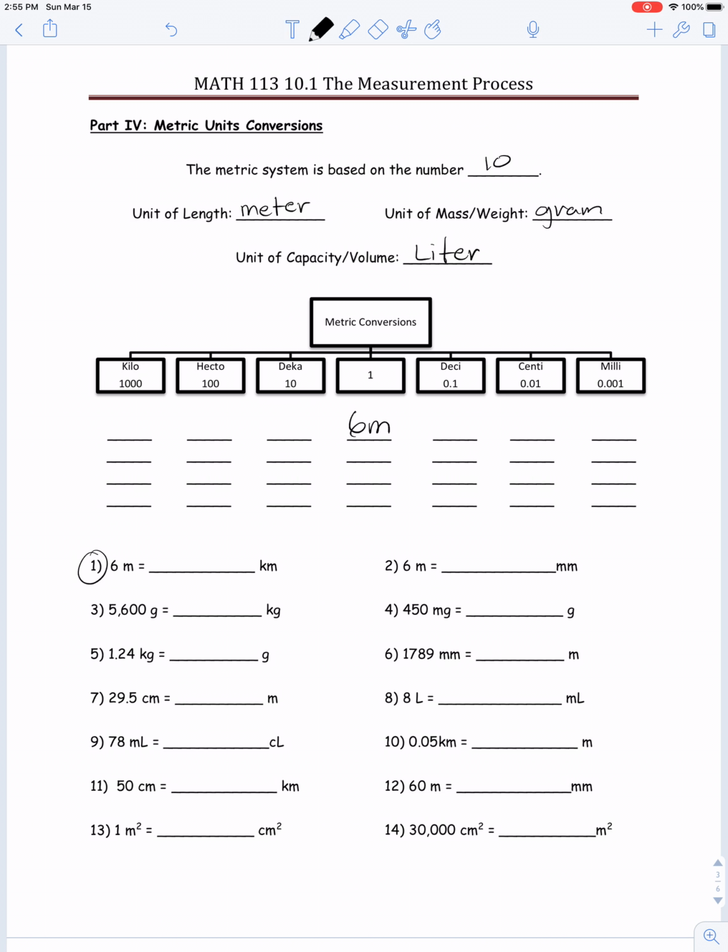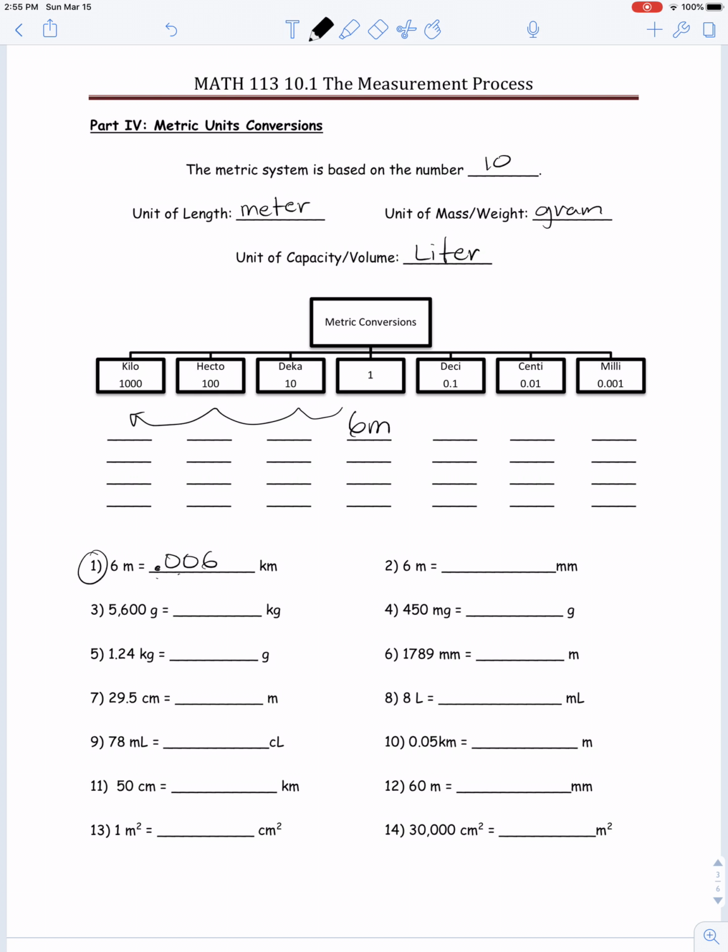And so if I want to go to kilometers, then that means I want to go 1, 2, 3. So I need to go 3 places to the left, so that means I want to move my decimal 3 places to the left. So in this case, I'm going to get 0.006 kilometers.